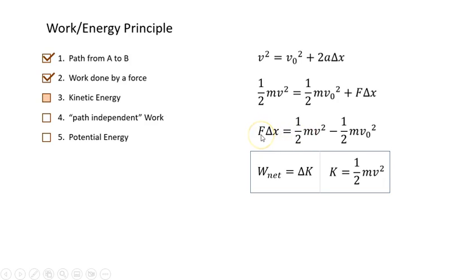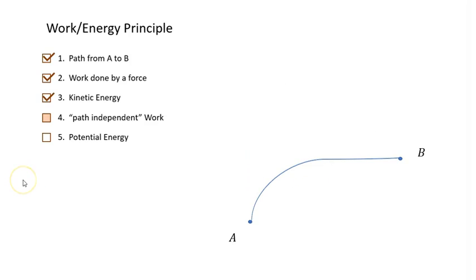And since F was the net force, and that times the displacement is like a distance with the possibility of a minus sign, the net work, force times displacement, is the change in kinetic energy. So this is the work energy principle, that total or net work is change in kinetic energy, where kinetic energy is defined.